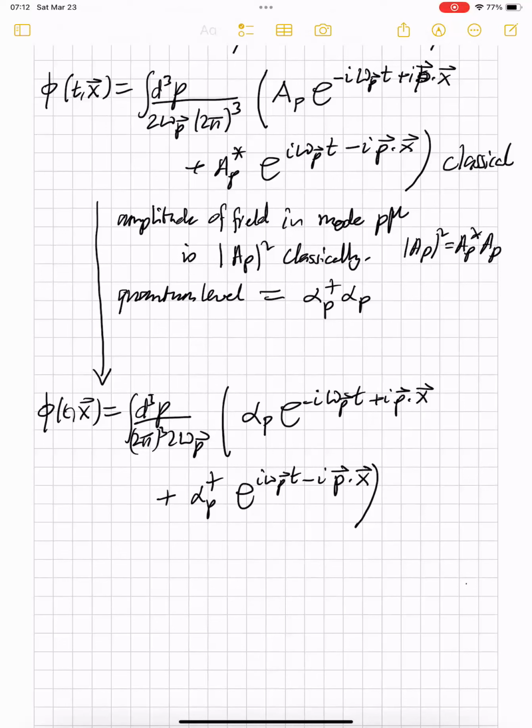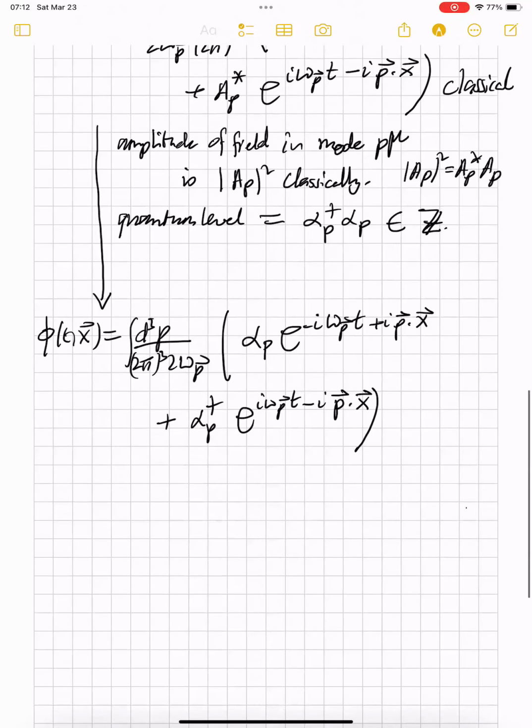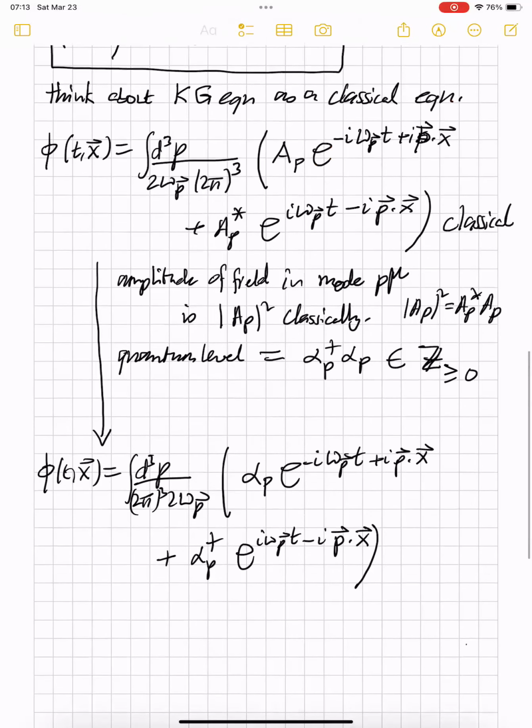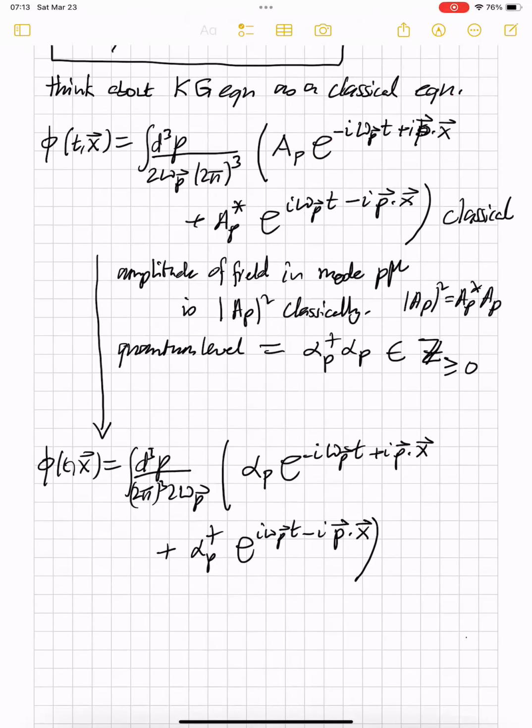A p dagger a p is a non-negative integer. It can be 0. So it's some integer n which is greater than or equal to 0, but the amplitude of the strength of the mode of the field has now become an integer.